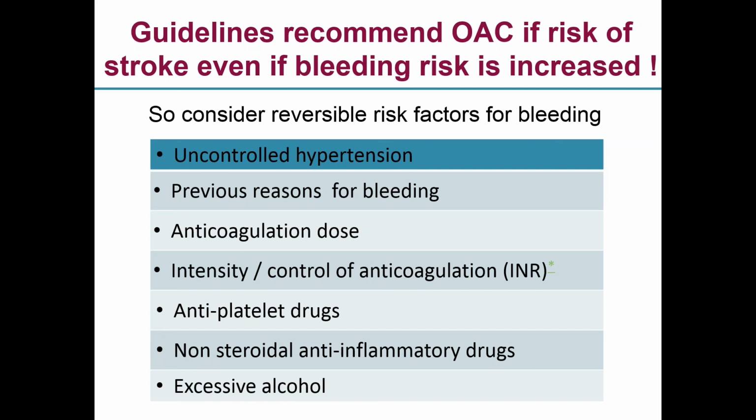Antiplatelet drugs we've already discussed. If you can stop the aspirin, you should, but not if they had a recent stent. And we've talked about non-steroidal anti-inflammatory drugs, and in theory, if people drink too much, you can advise them to stop. That would be another possible thing.